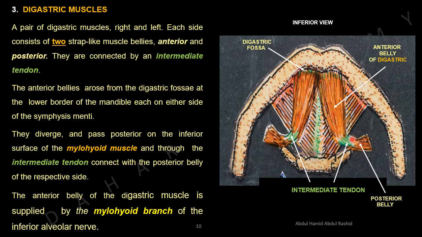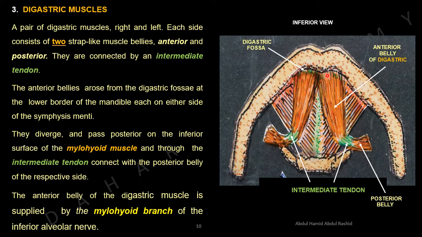The anterior belly arises from the digastric fossa on each side, that is on the lower border of the mandible on either side of the symphysis menti.